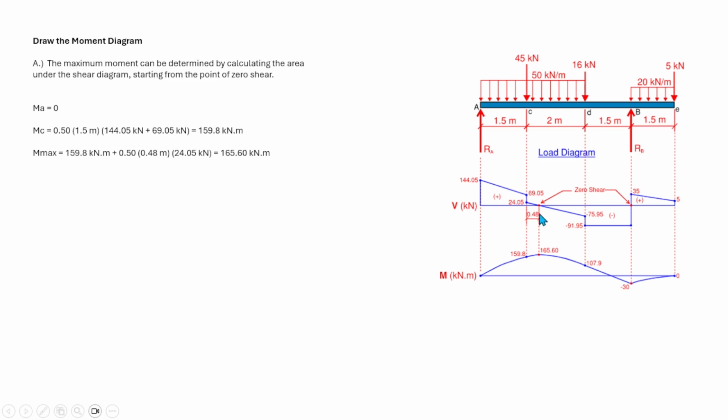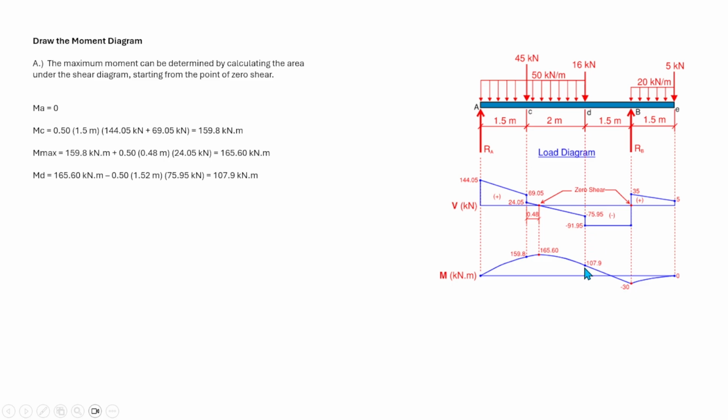Here at point D, the moment at point D is equal to 165.6 minus the area under the shear diagram. Which area? From this point up to that point, that is the triangle.